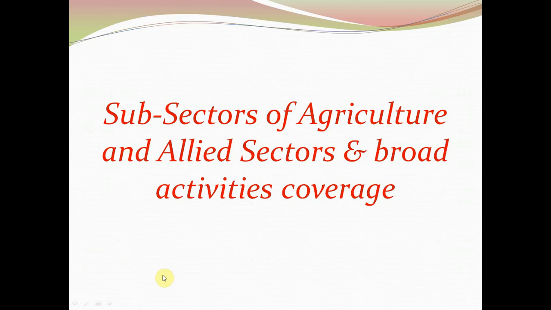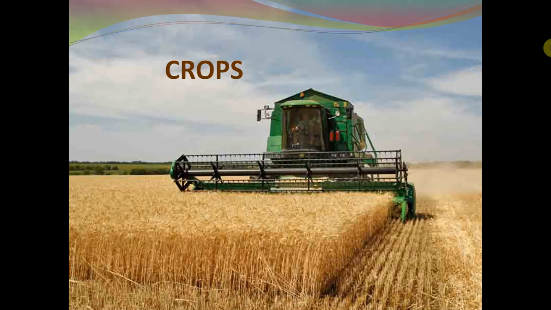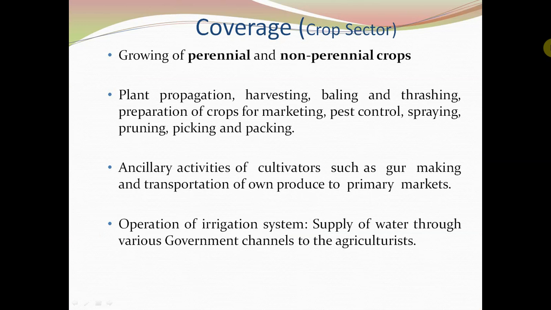So next, now the subsectors of agriculture and allied sectors and broad activity coverage. How we are calculating their GVA, how we are calculating GVO, output, input, all we will discuss subsector wise. Now first of all, crops. In crops, what will we cover?